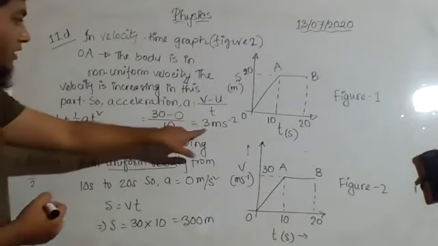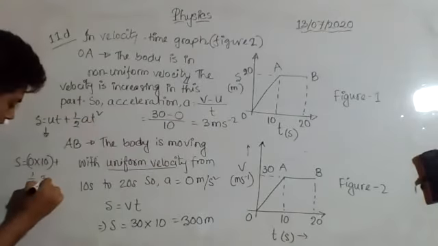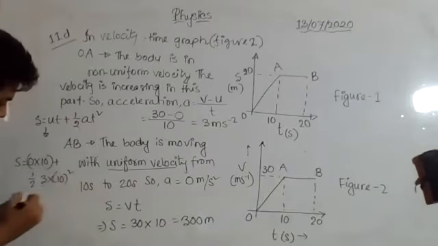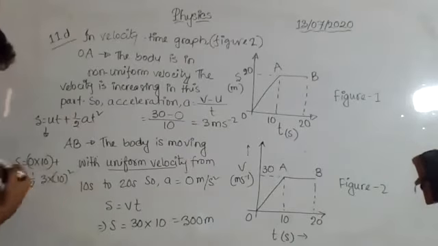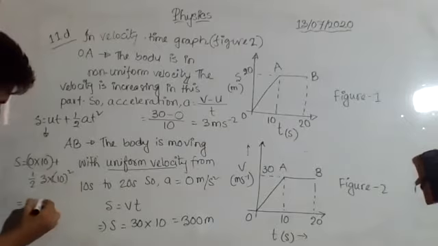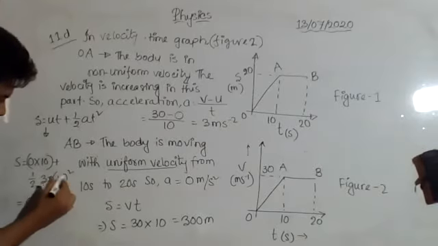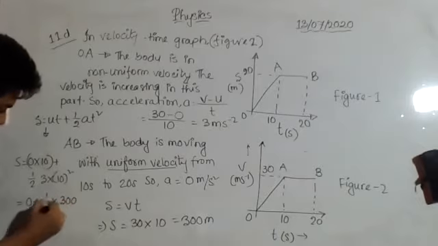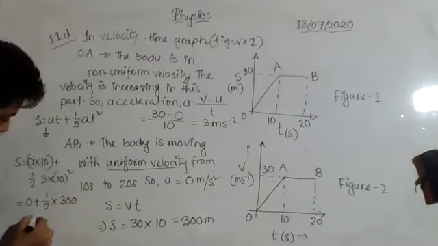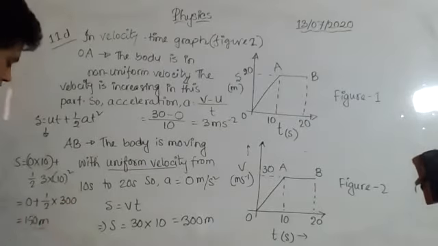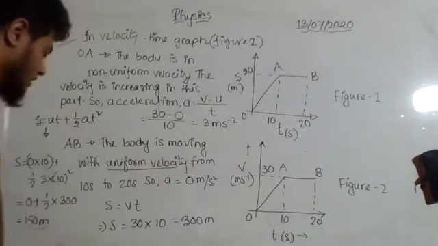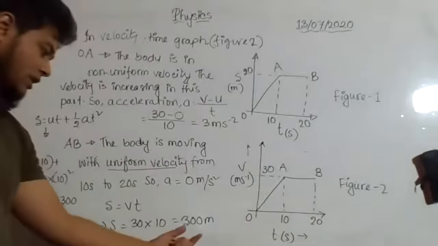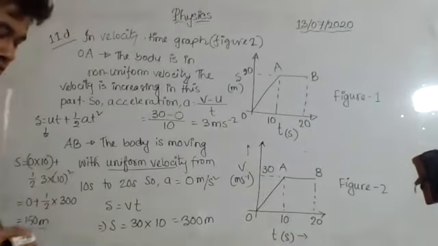Acceleration a we already calculated, that is 3, into t square. t is 10 seconds, so 10 square. So 0 into 10 becomes 0, plus half into 100, which is 100 into 3 is 300, 300 divided by 2 is 150 meter. So in this OA part, it will cover a distance of 150 meter, and in the next 10 seconds, it will cover a distance of 300 meter.